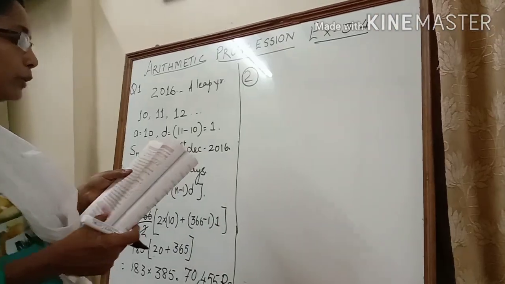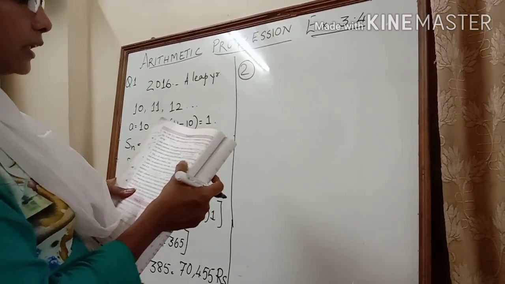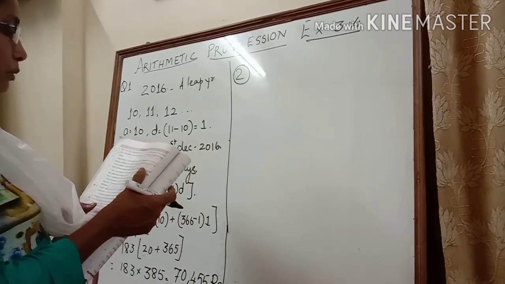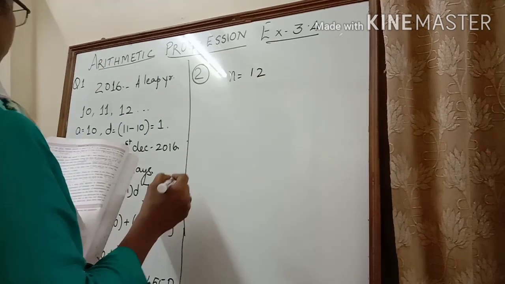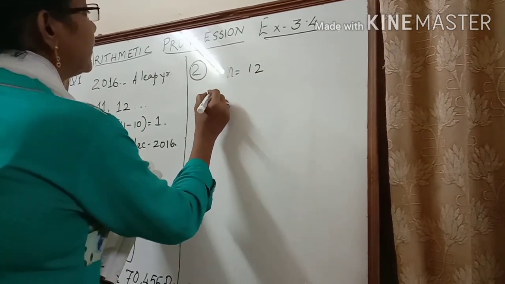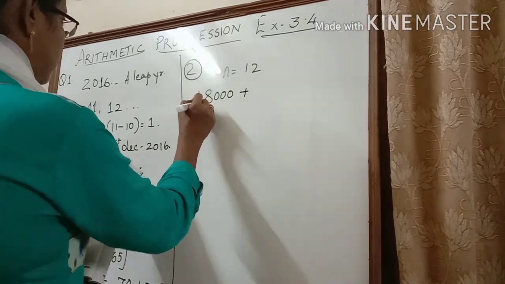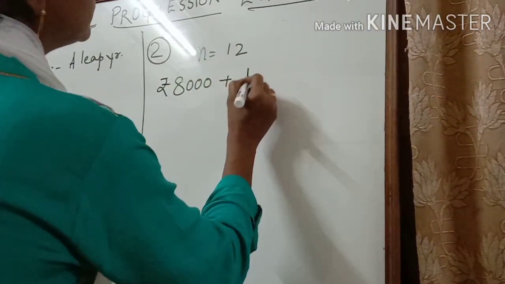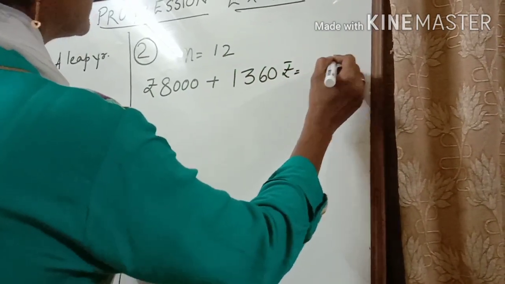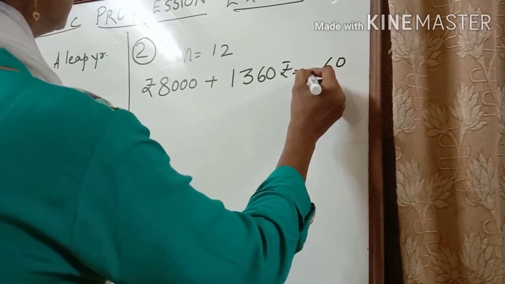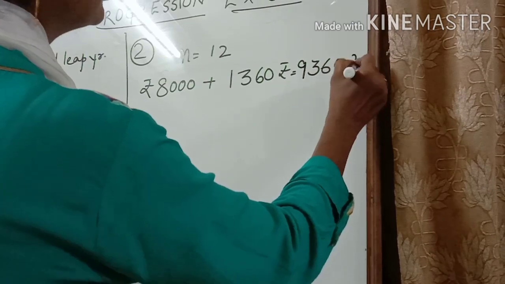Question number 2. A man borrows rupees 8,000 and agrees to repay with a total interest of 1,360 in 12 installments. So n is equal to 12. Total amount he has to repay is 8,000 plus 1,360, that is 9,360.